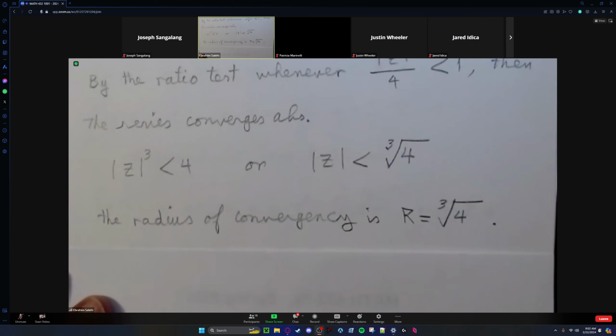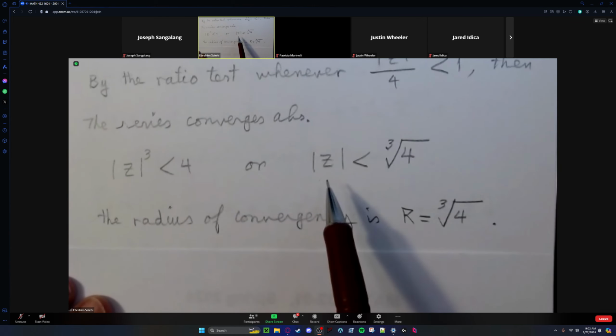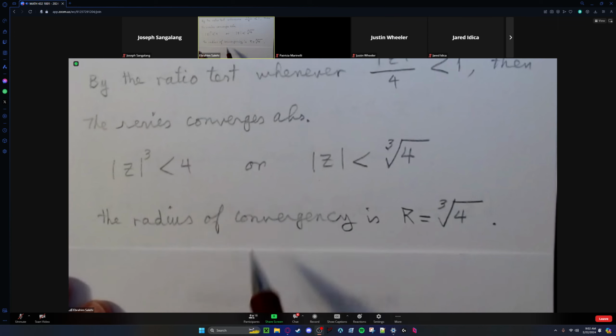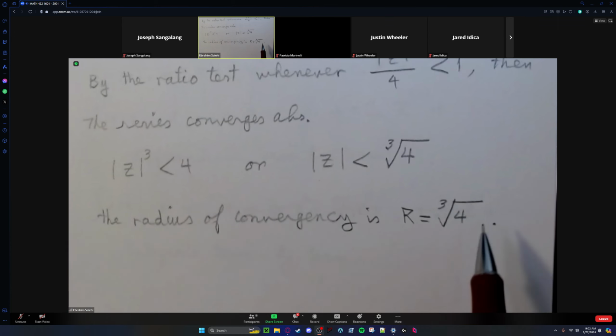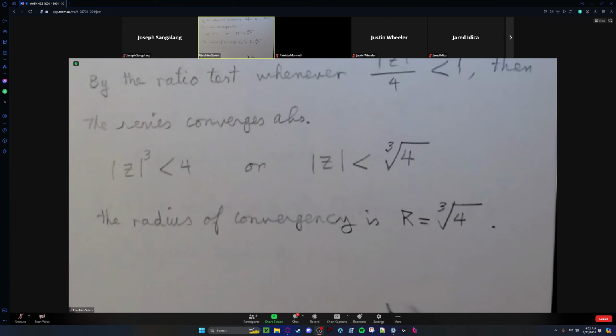So in this case, the center of the power series is 0. So it will be a circle centered at 0. Here is 0.